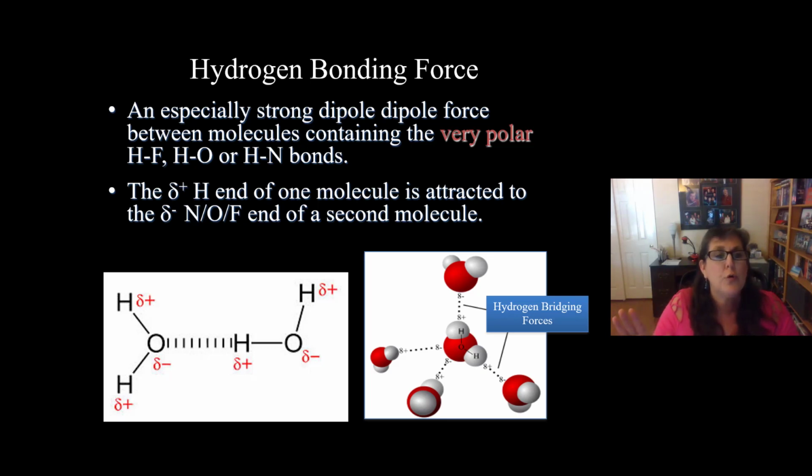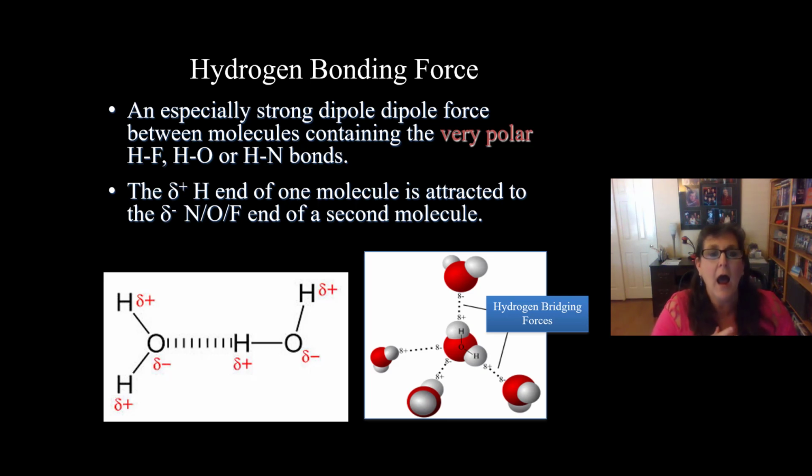Now I have two water molecules in that first drawing, and I have a dashed black line between the O of the first molecule and an H of the second molecule. This is how a hydrogen bonding force looks. The little bit positive H of one molecule is attracted to the little bit minus N or O or F atom in the second molecule.